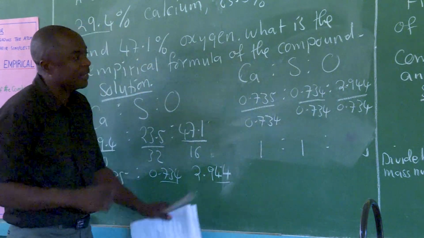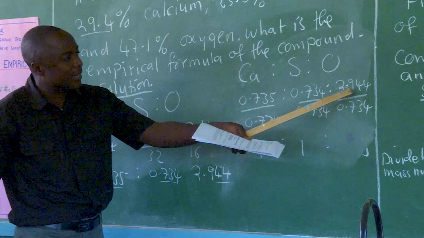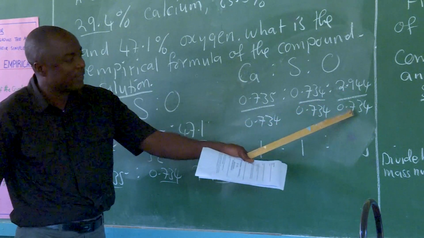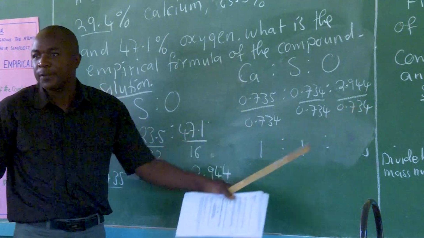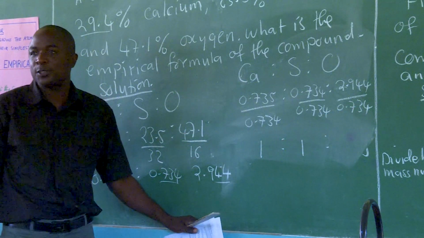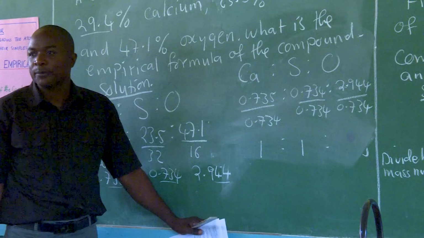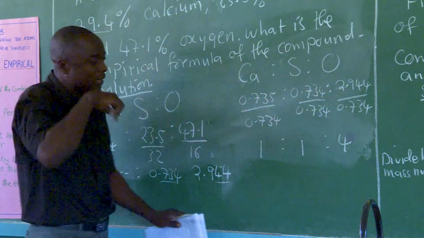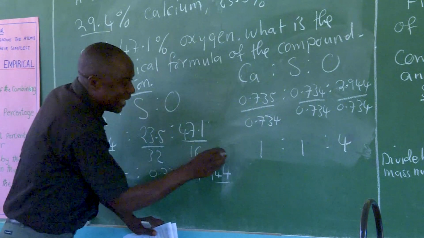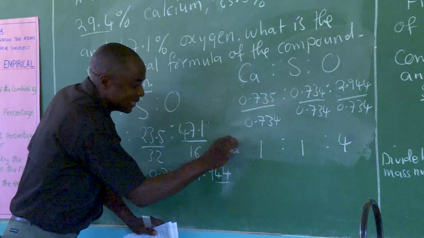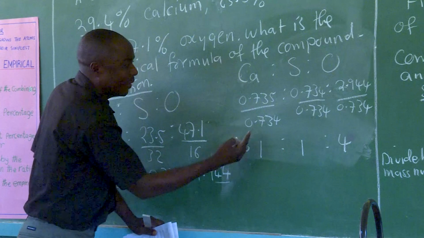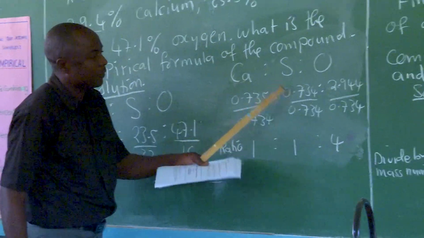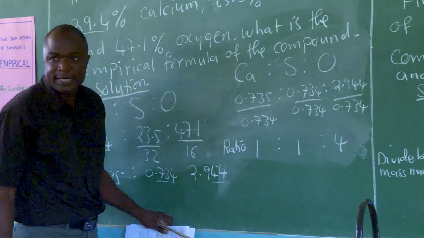Now, how many oxygen? 2.944 divided by 0.734. Yes, Josephine Banda? 4. We have 4. So these are the ratios. So we have one of calcium, one of sulfur, and 4 of what?